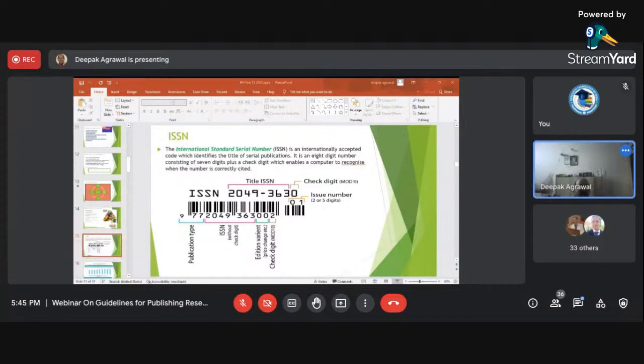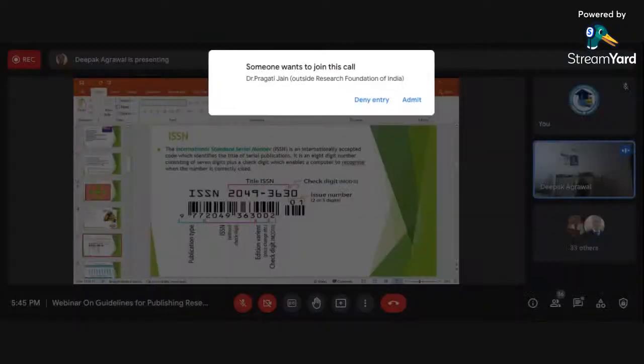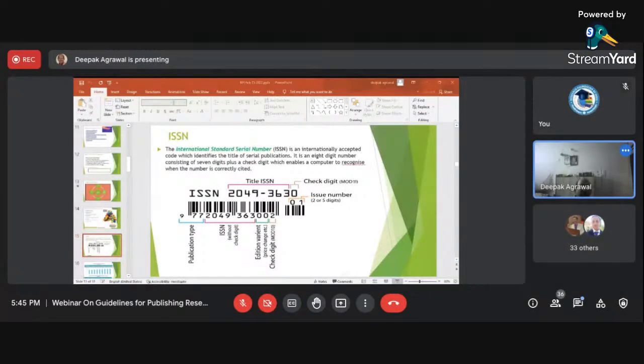So this is how the ISSN number is determined. Now, brief data about the ISSN. This is the only agency in the world which provides and maintains the ISSN numbers and the data bank. Just go through that.